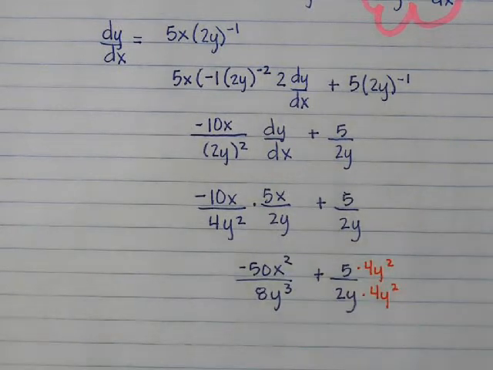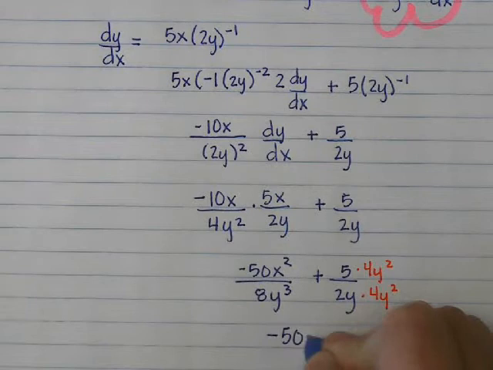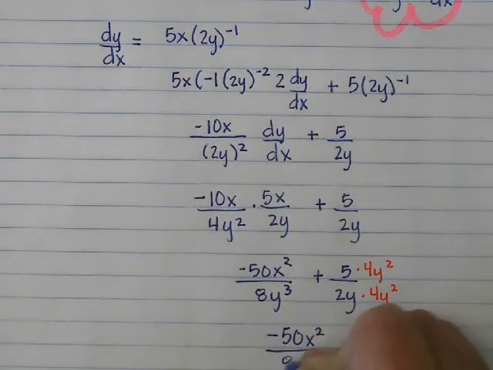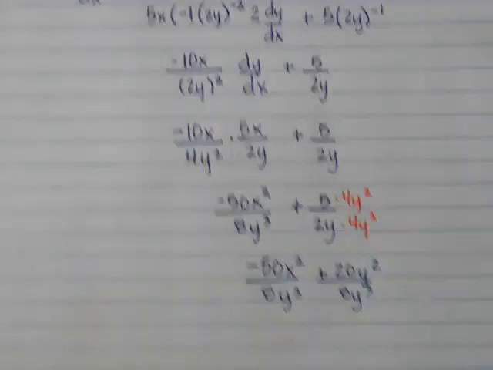Actually, I didn't even need to do that. I could have reduced this first, but let's just go with it. I'm going to leave it unreduced. Negative 50x squared over 8y cubed plus 20y squared over 8y cubed.